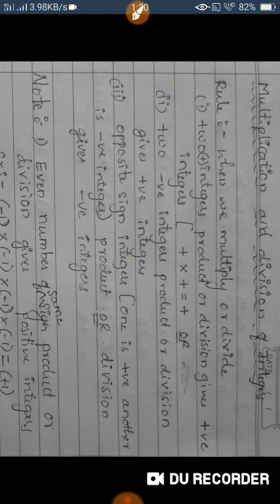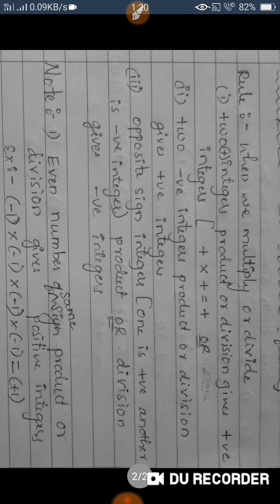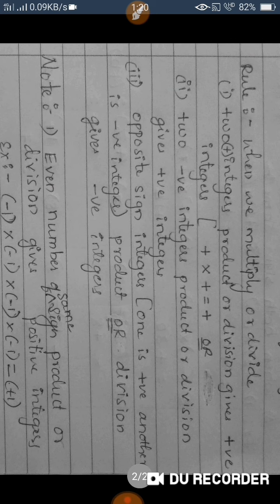I'll go for other examples here. Next, the third rule: opposite signs. When the integers have opposite signs, one is positive and one is negative, whether the first or the second, how do we multiply and divide? Just recall what we learned.